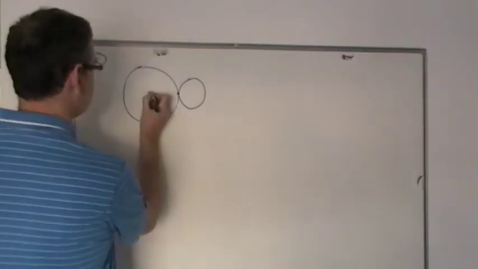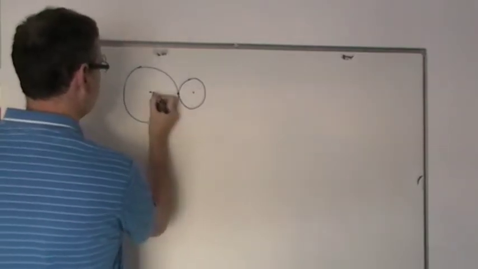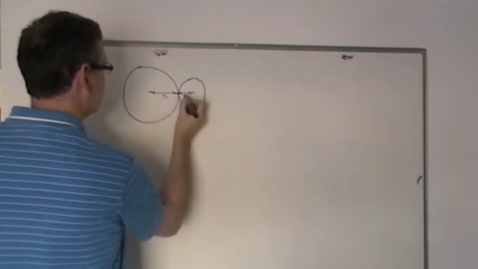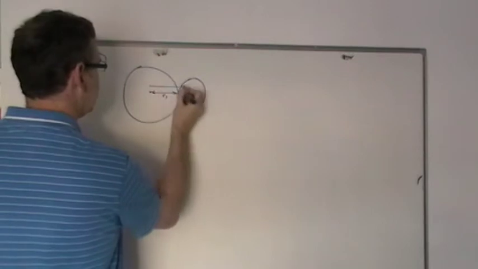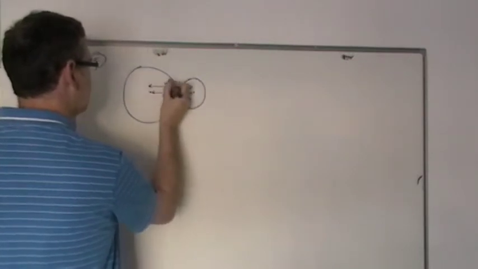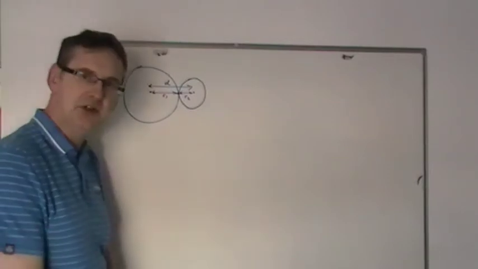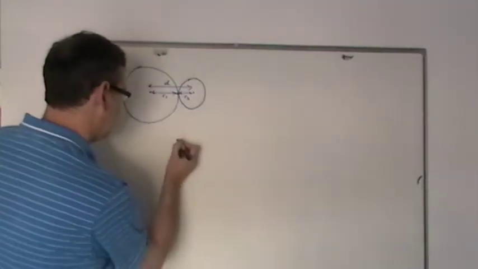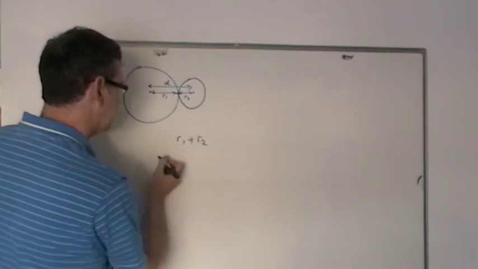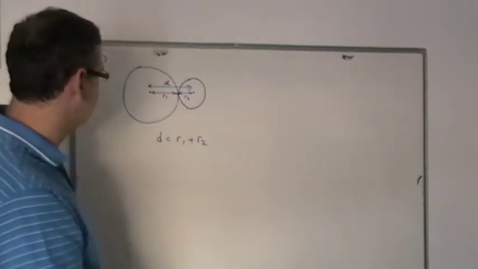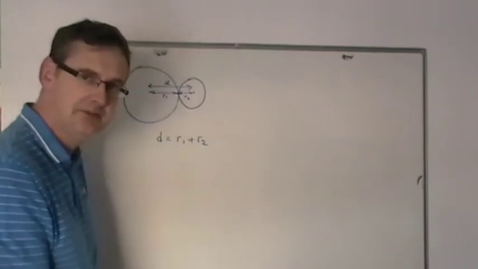If I put in the centres of the two circles, that centre gives a radius R1 and this one has a radius R2, and then the distance apart of the two centres I'll call D. I think that's a very easy picture to see, that if you add R1 plus R2 together, you get the distance between the two centre points.